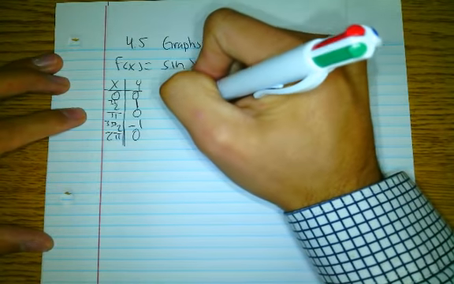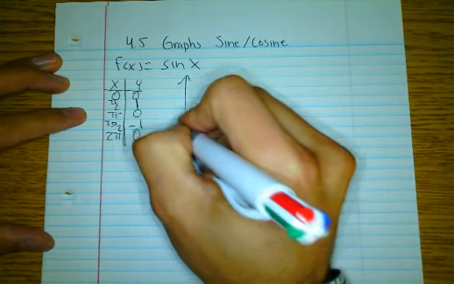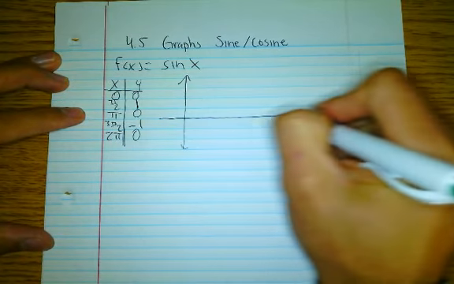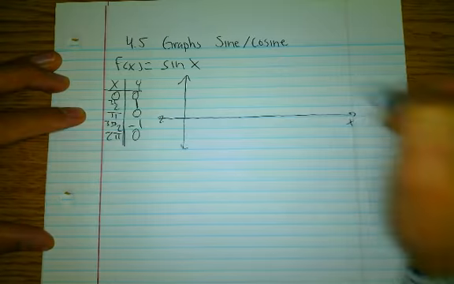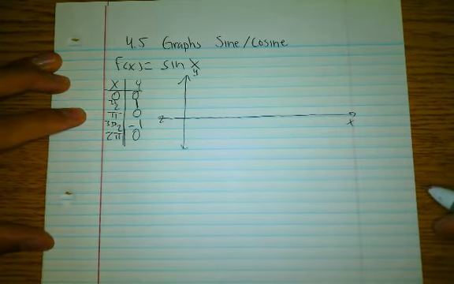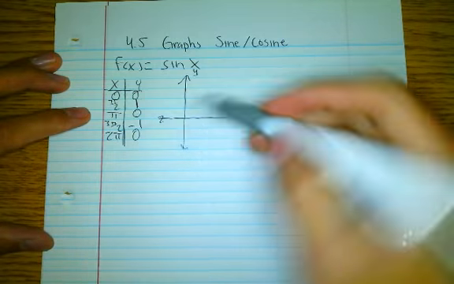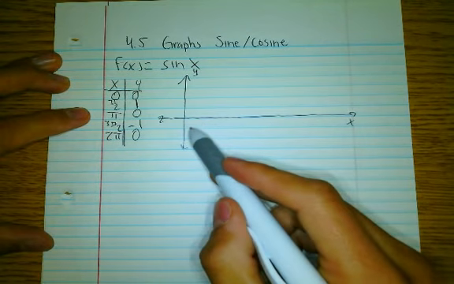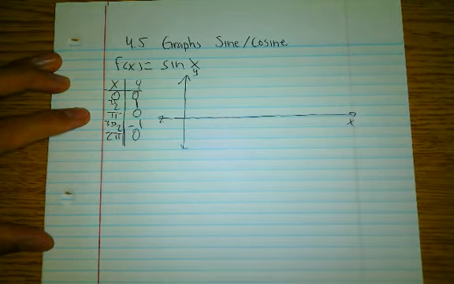So here's what I'm going to do. Here's my xy axis, my coordinate plane. Here's my x, here's my y. Okay? Alright. Are you guys okay? I definitely don't want to go like by 1s or by 2s or by 3s, right? That's going to make it difficult.